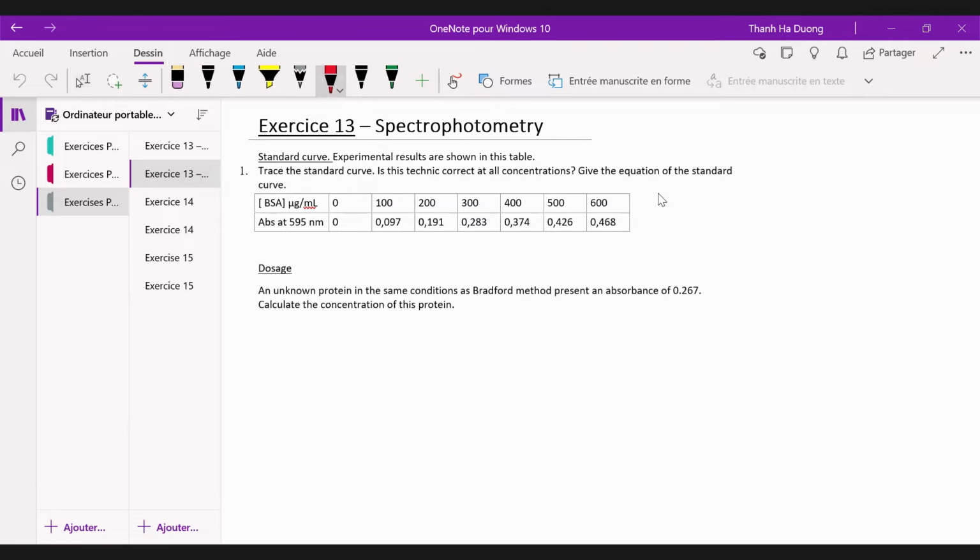You have to plot the absorption at 595 nanometers against the concentration of BSA. So you will plot this, and you should tell me if you have a line or not.